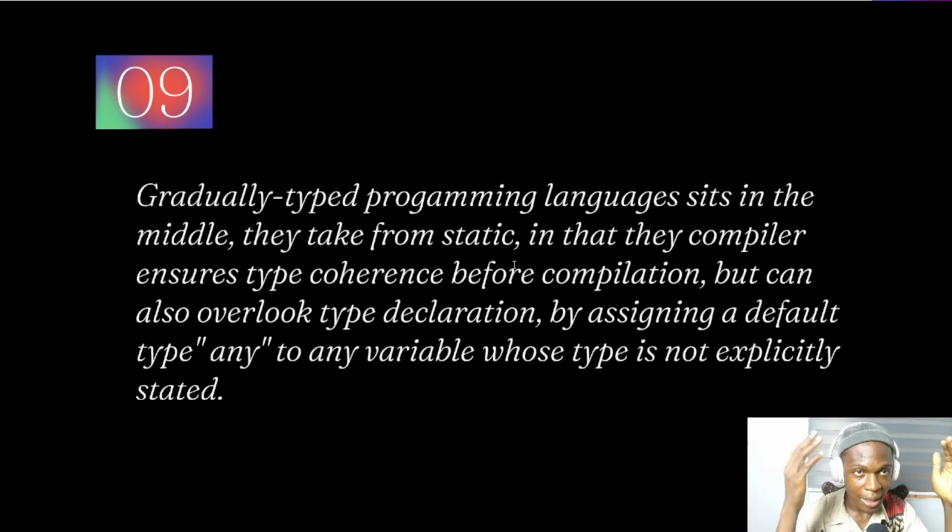So a gradually typed programming language doesn't mean it overlooks data type errors. It just means that it's not as strict on having to tell us which data type a variable is before going ahead to use that variable as you're typing your code. And this very little detail is very important when it comes to understanding how things function within Luau.